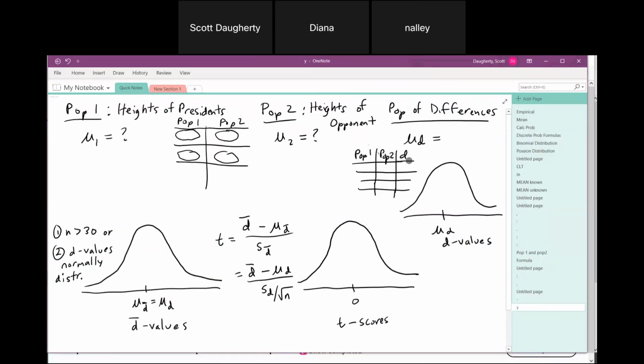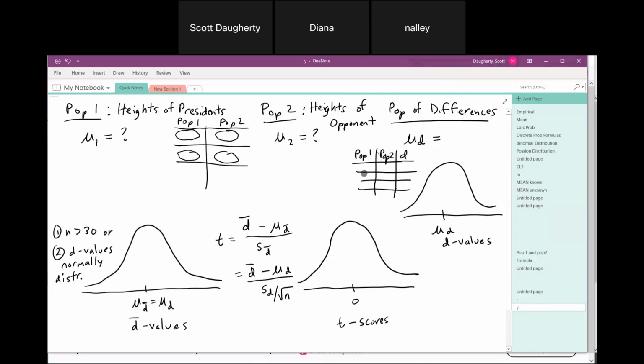That's going to be called D for difference. We're going to do this for every single presidential election, in other words, the entire population of matched pairs. And if we list all those D values, that's called the population of differences.